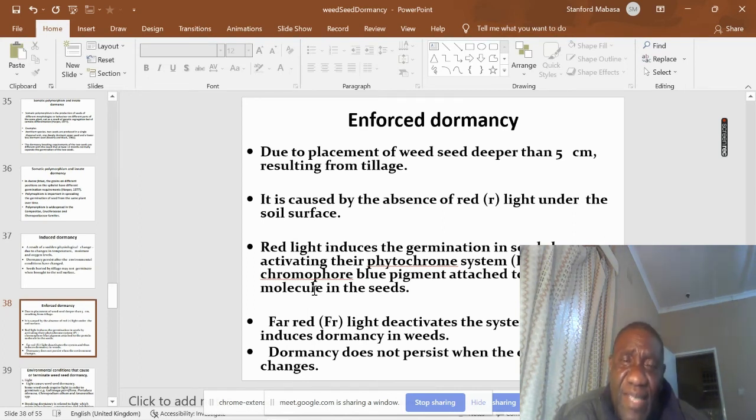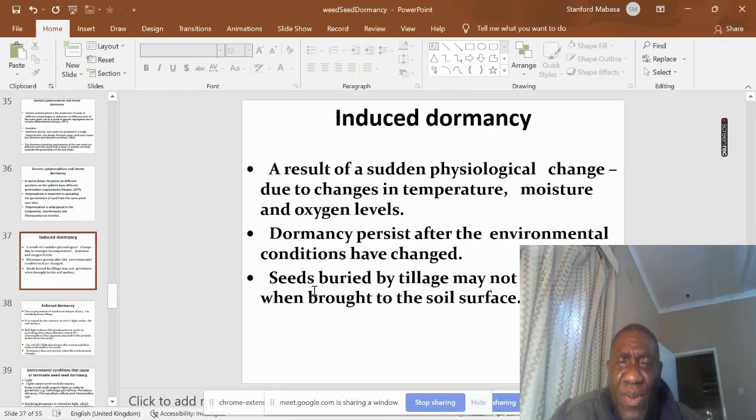But once you change the condition, the germination process takes place. But if those weed seeds refuse to germinate, then that becomes induced domains. So enforced domains, this is temporary suspension of germination. Whereas induced, it's more or less permanent. Although later on seeds may come out of it.